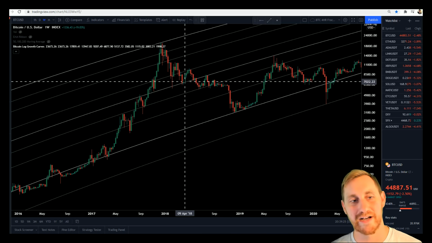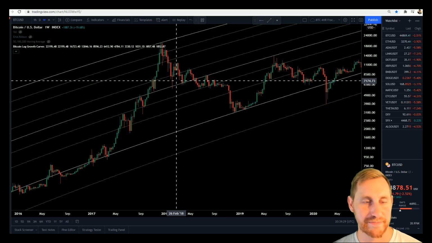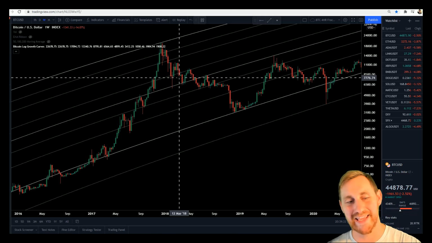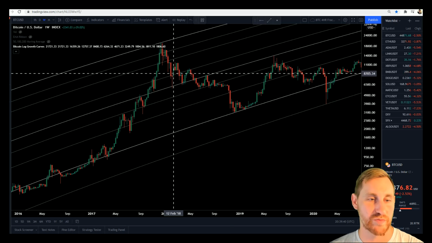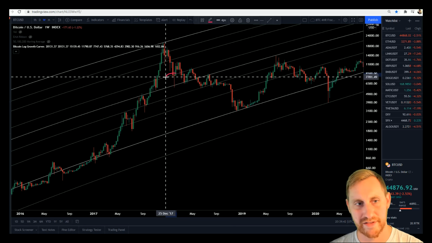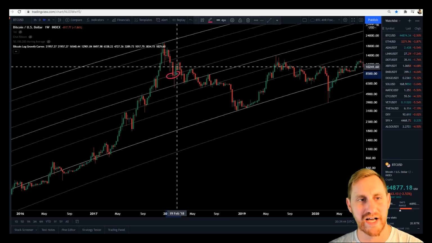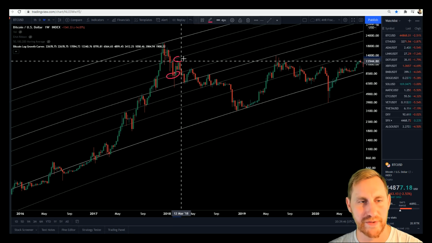You can see on the dead cat bounces in the bear market in 2018, typically on a weekly close, we never could reclaim the next Fibonacci level on the log curves. On this first bounce, we went from this Fibonacci level and could not get back above this Fibonacci level.